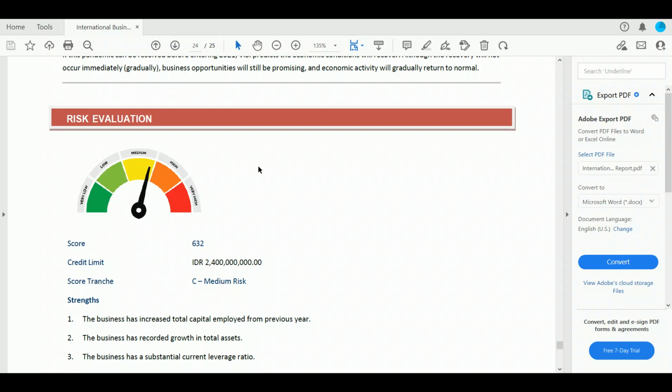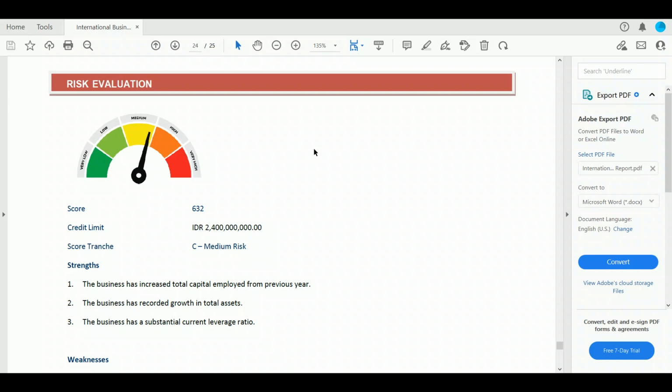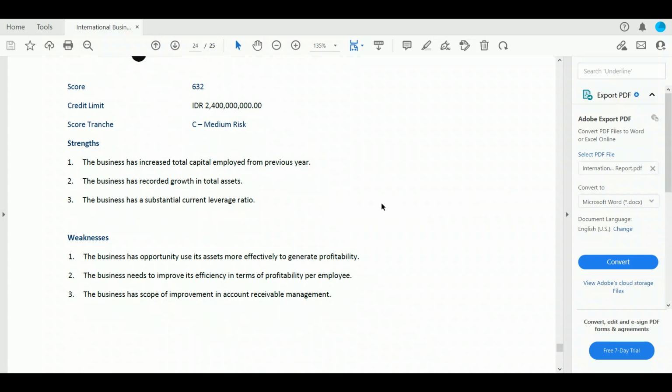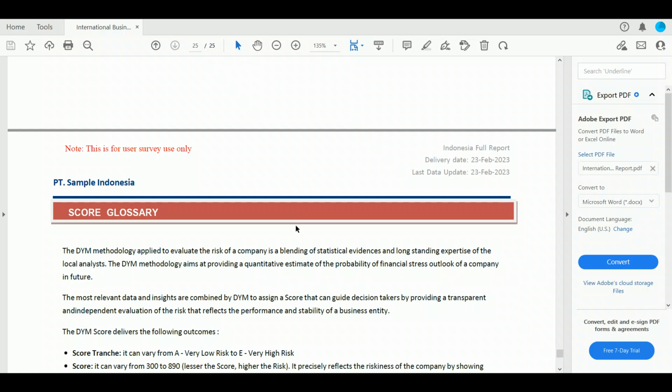Based on the informations that the team has gathered, we'll run a risk assessment based on the data that is available in the database, to identify what is the risk score and recommended credit limit, and a basic summary about the company's strengths and weaknesses.